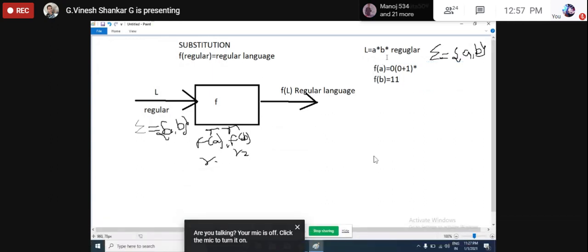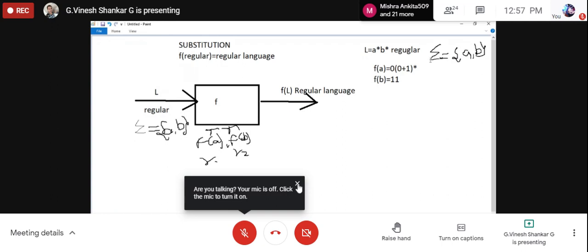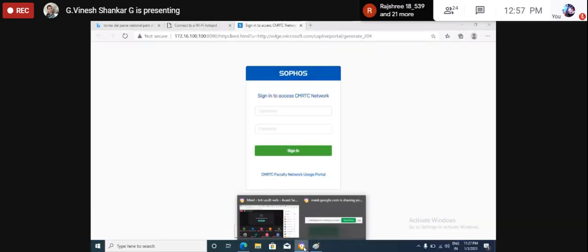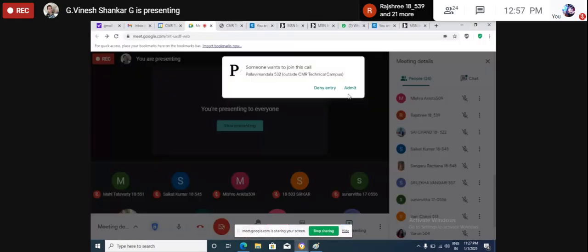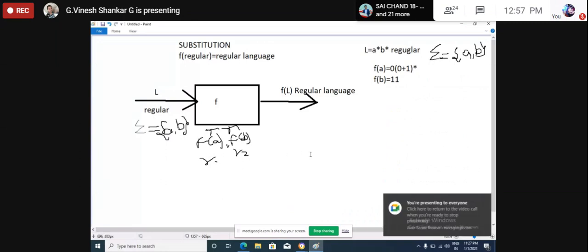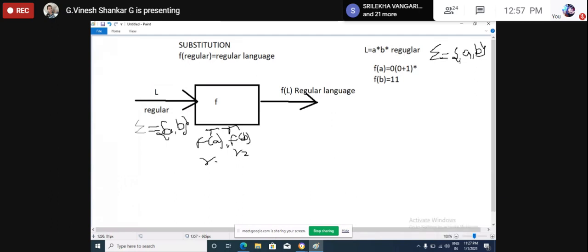L is equal to a star b star, which is regular over sigma is equal to {a, b}.